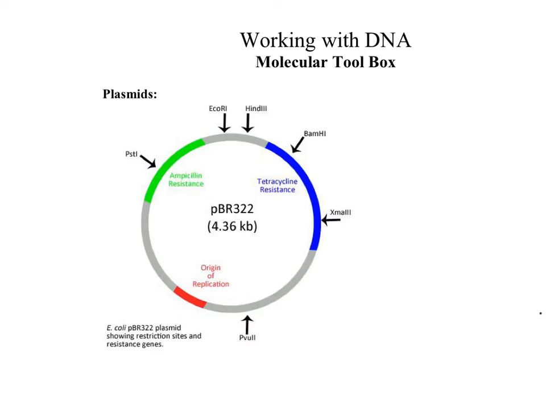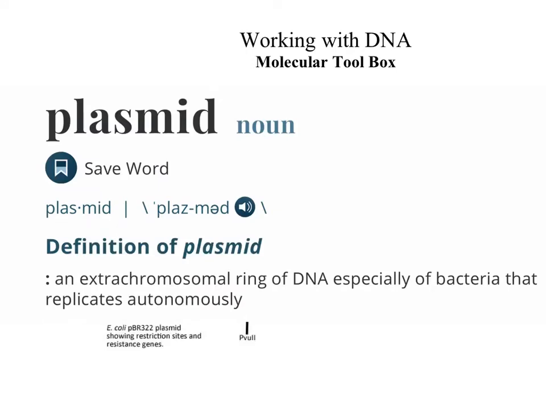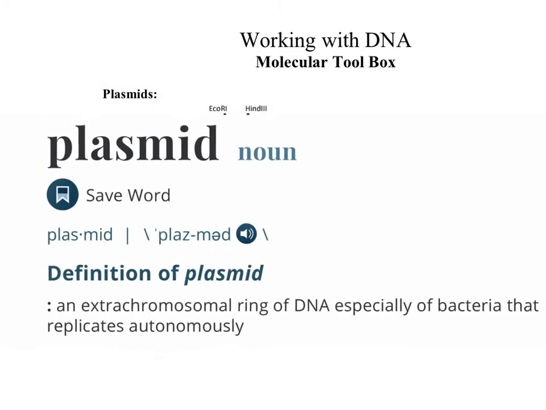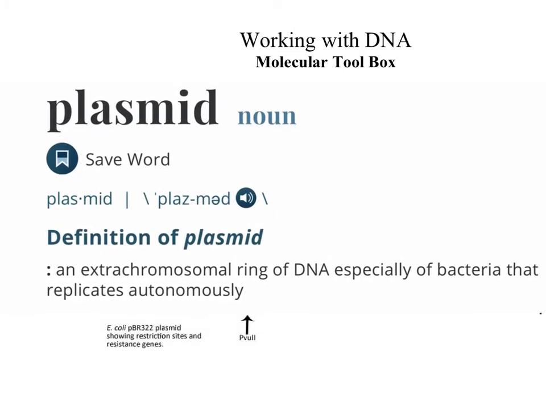Rather than try to fumble around with a definition of my own, I decided to use the one from the Merriam-Webster dictionary. A plasmid is an extrachromosomal ring of DNA, especially of bacteria, that replicates autonomously.